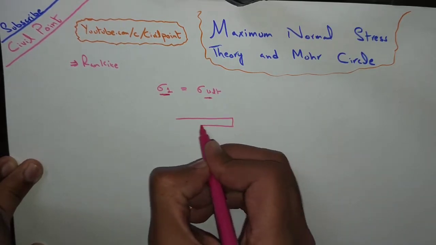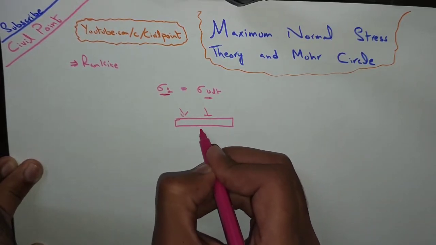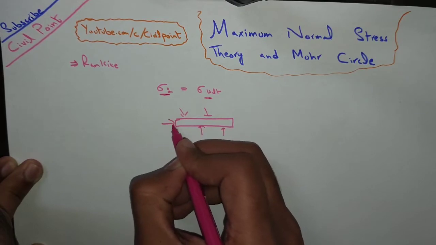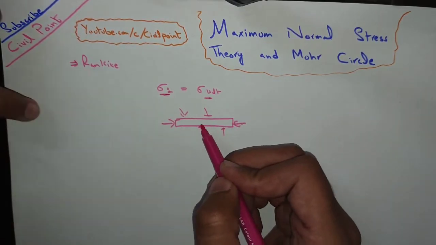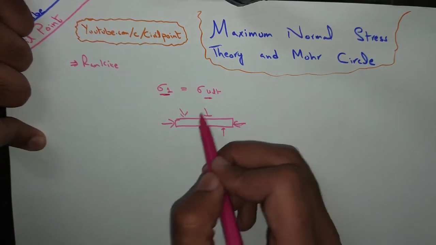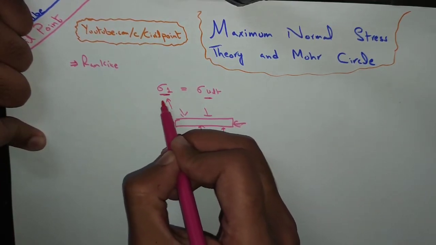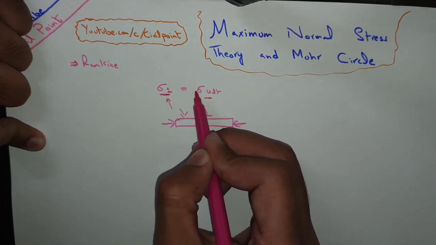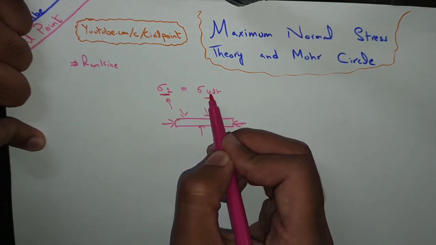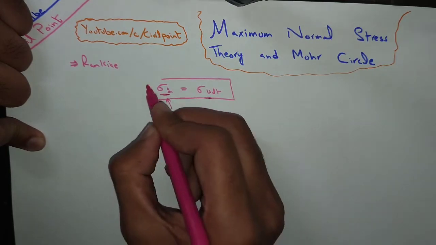You know, if you have any object, there are many stresses, many forces. In case of many forces, the equivalent of all these stresses becomes the principal stress. So when the principal stress equals the limiting or ultimate value at which the material will fail, this will happen.